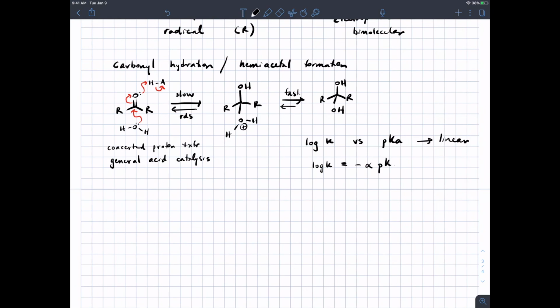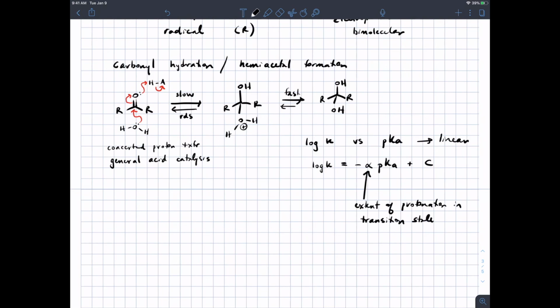Negative slope alpha times pKa plus C. And this number alpha here really represents extent of protonation in the transition state.